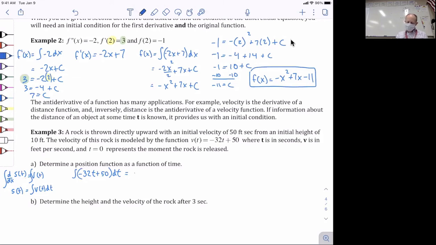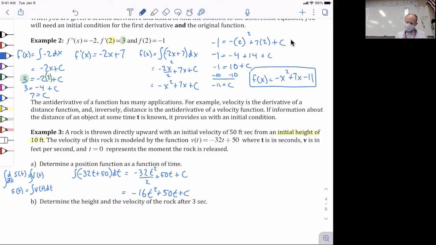So we're going to get negative 32 t squared over 2 plus 50t, and then plus c, the constant of integration. Now, where was that initial condition? Because we want to be able to find that plus c. So the initial condition said there was an initial height of 10 feet.